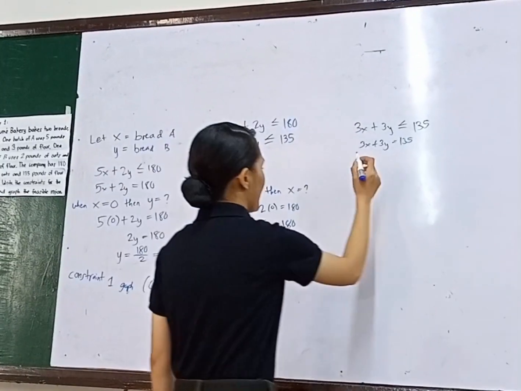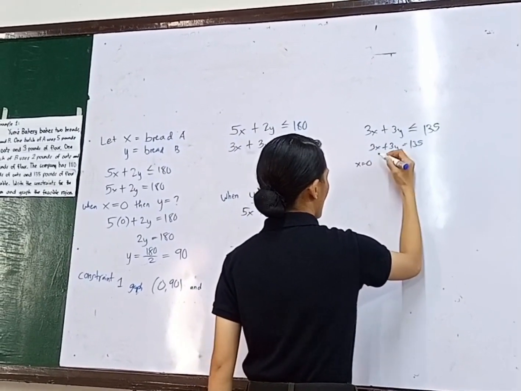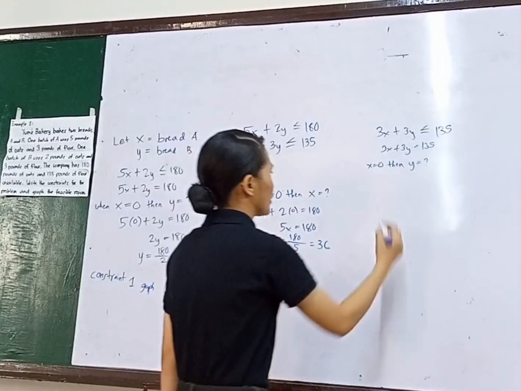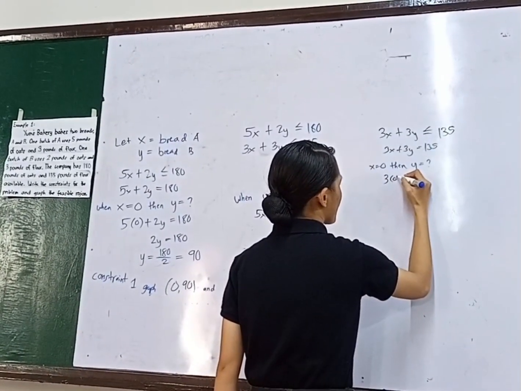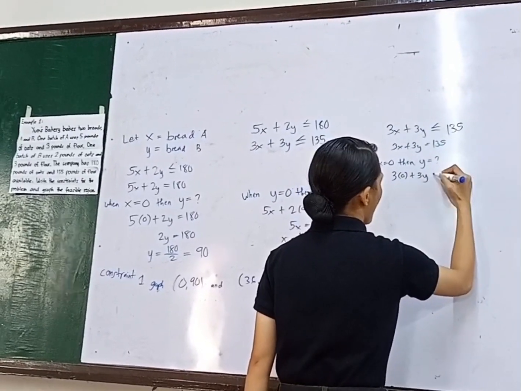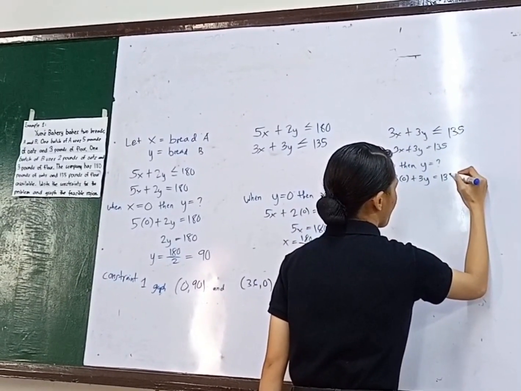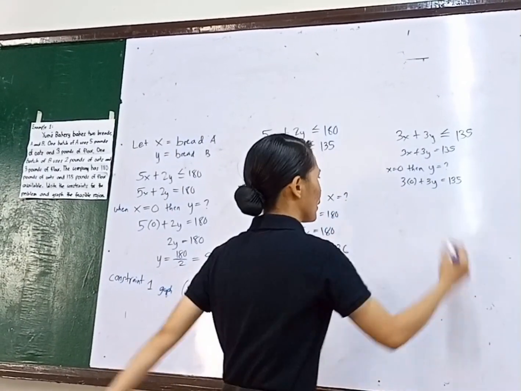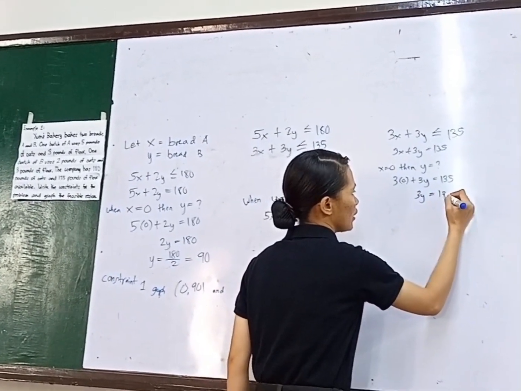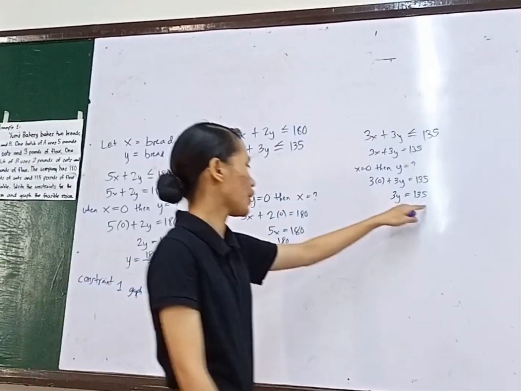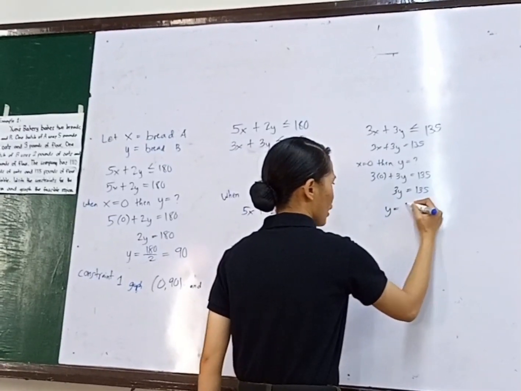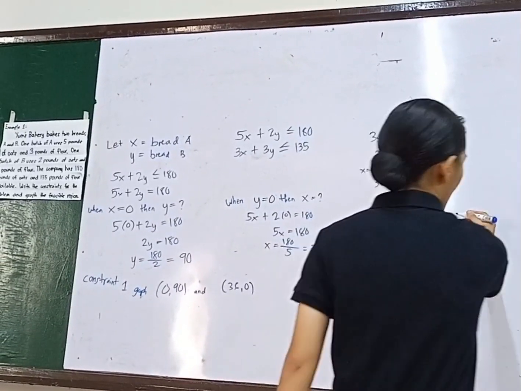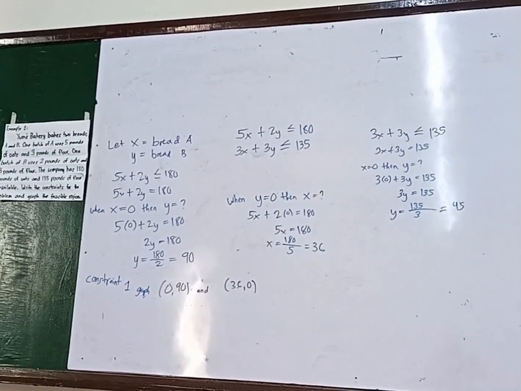And then when x equals 0, then 3 times 0 plus 3y equals 135. So 3 times 0 plus 3y is equal to 3y, or 135. And then we divide. y equals 135 divided by 3, which is 45.